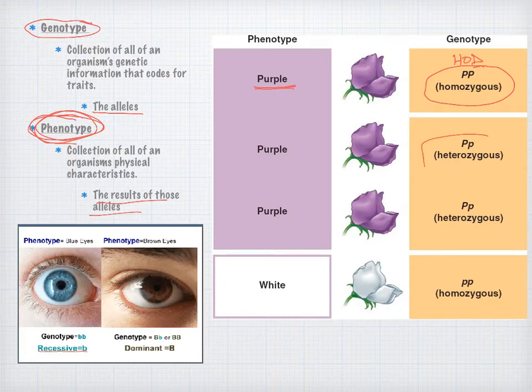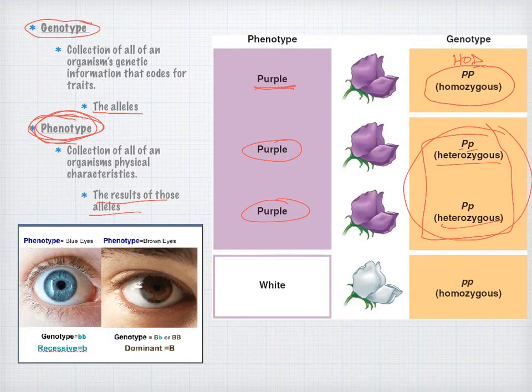These two are both heterozygous, meaning they have one dominant allele and one recessive allele for flower color. Since purple is dominant to white, and each of these heterozygotes has one dominant allele, they will also be purple. The phenotype for both of these heterozygotes would be purple.